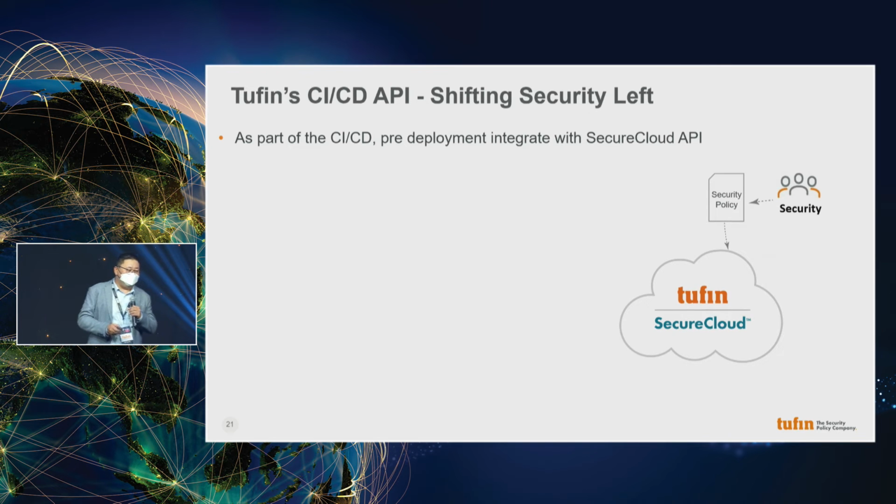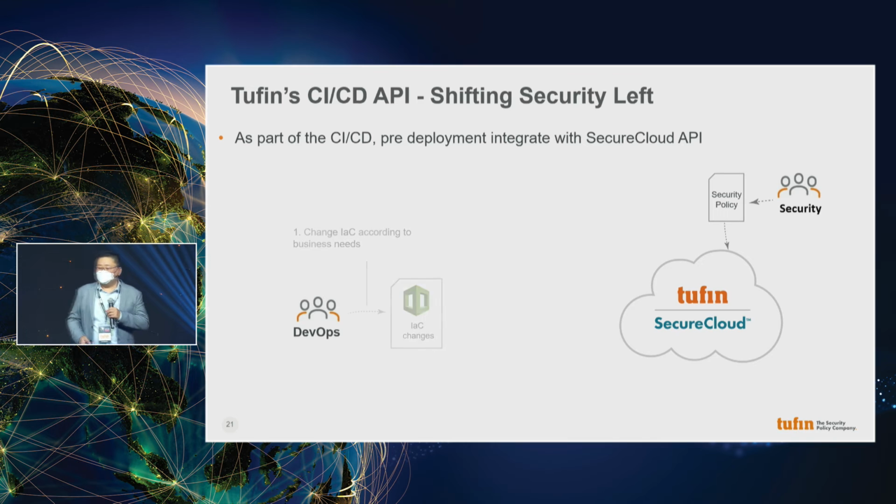This is how it looks. The security team defines security policies inside Secure Cloud, all right? And then when the DevOps teams are going to deploy their workload, they write the code, the changes needed for the IaC, according to the business needs.